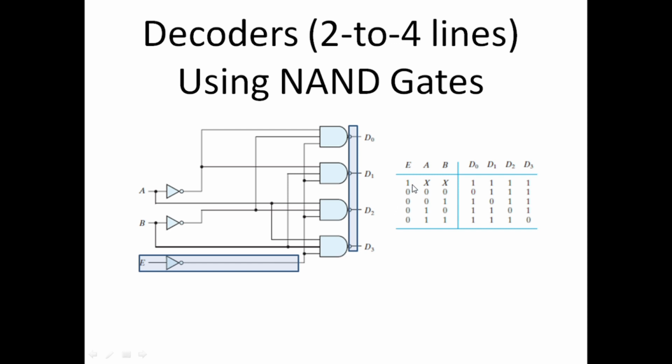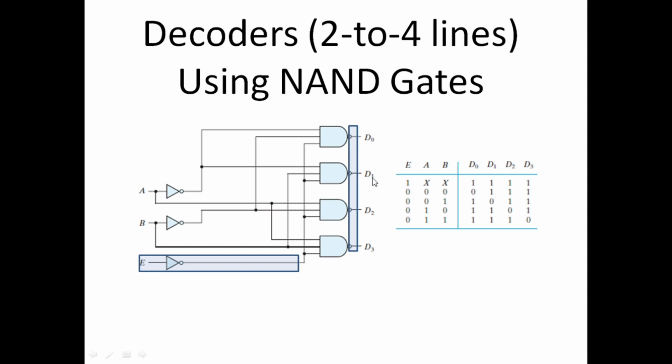So whenever the enable line is 1, regardless of the two inputs A and B, the outputs D0, D1, D2 and D3 would be 1. Why? Because this E is 1, so we get 0 here. So we get at least one input to these NAND gates as 0, and the output of these AND gates would be 0, but this inverter would make them 1.